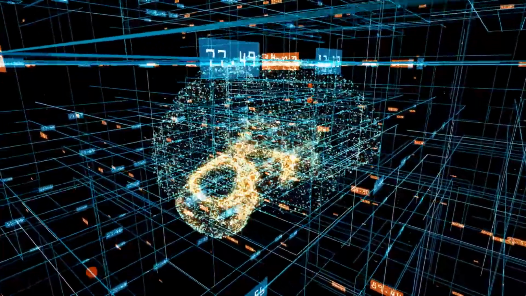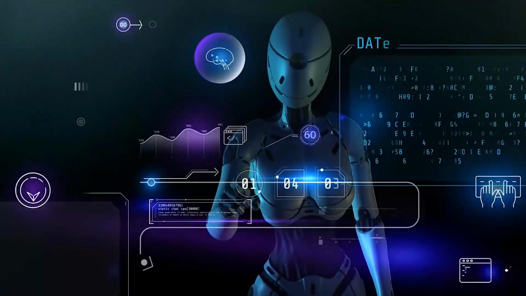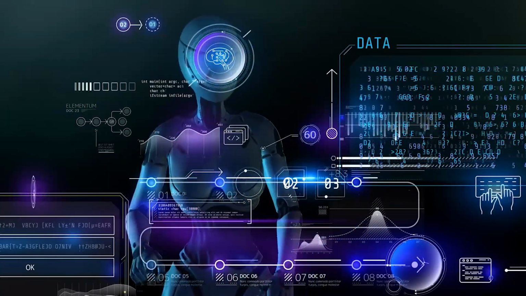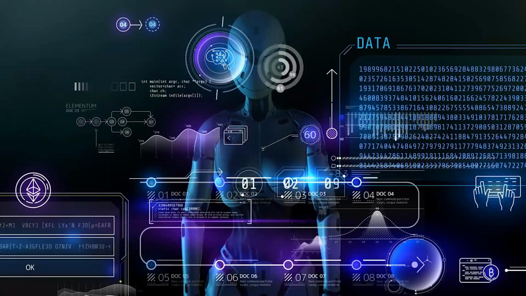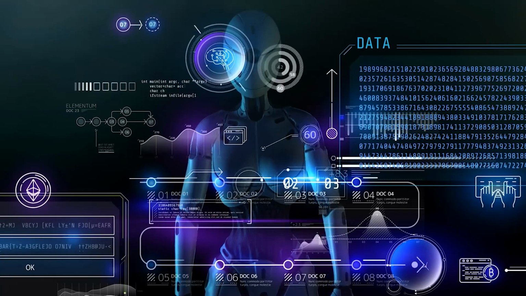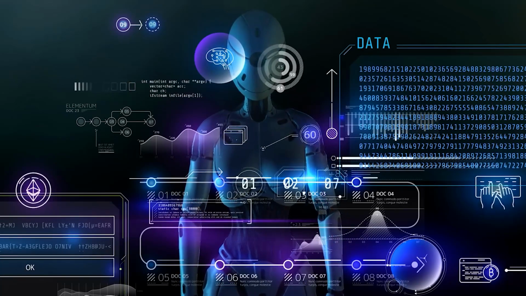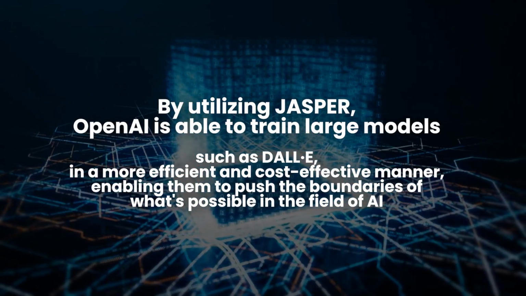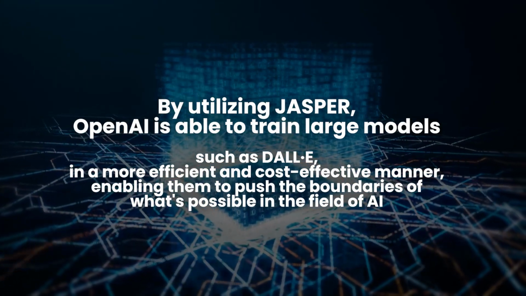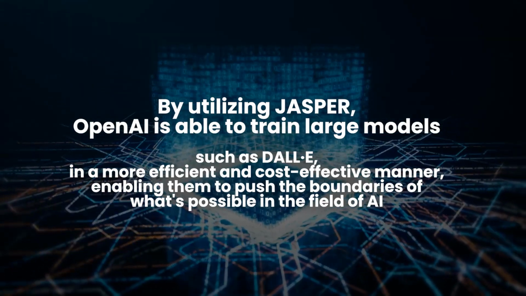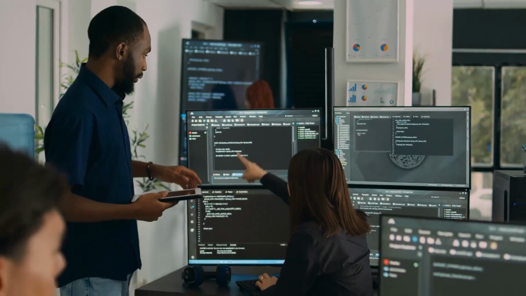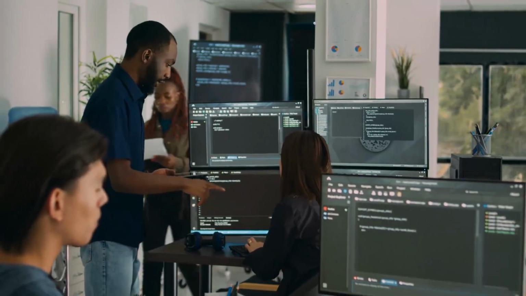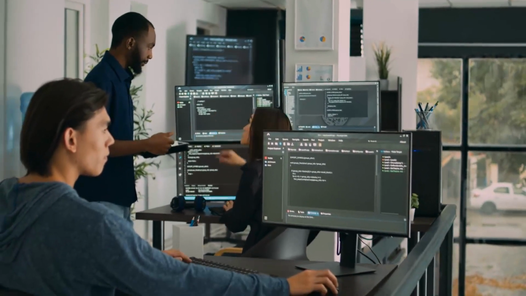This allows the training process to be parallelized and distributed across multiple GPUs or machines, reducing the amount of memory and computation required. By utilizing Jasper, OpenAI is able to train large models, such as Dalle, in a more efficient and cost-effective manner, enabling them to push the boundaries of what's possible in the field of AI.